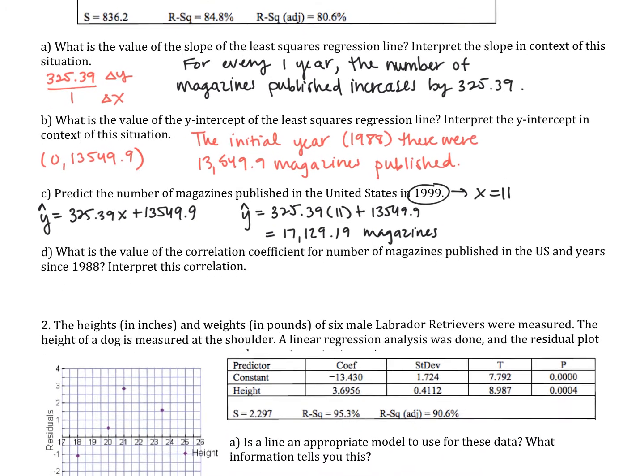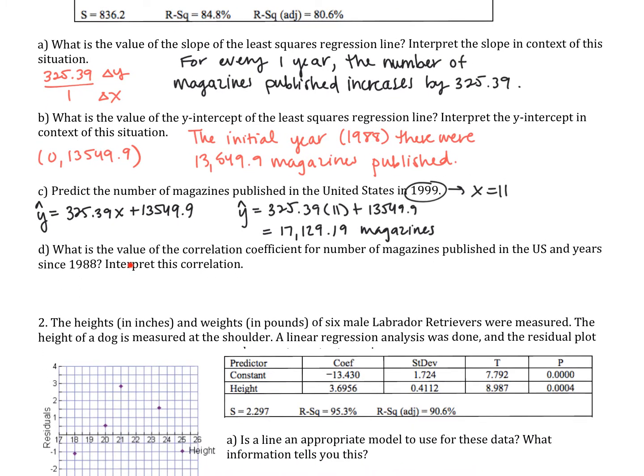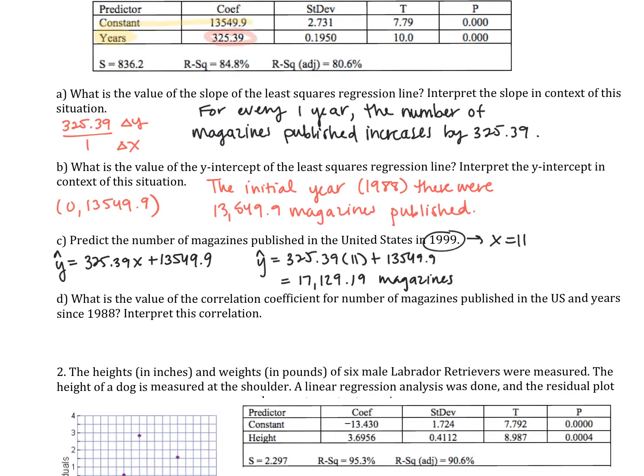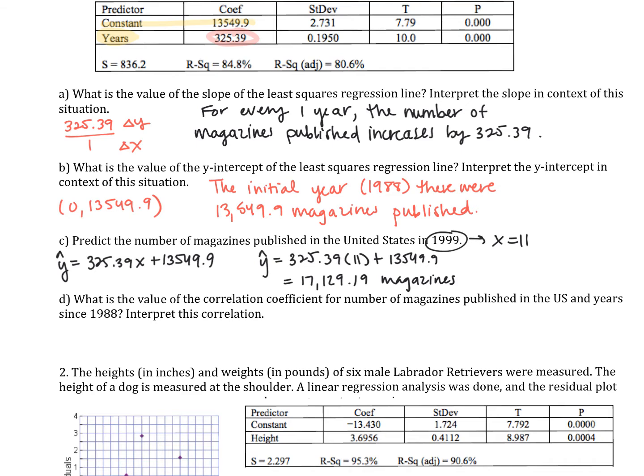Okay, D. What is the value of the correlation coefficient for number of magazines published in the U.S. and years since 1988? Interpret this correlation. Okay, so remember up here in the Minitab, we are given the r-squared value. It's right here. But the correlation coefficient is r. R-squared is the coefficient of determination. So r-squared is equal to 0.848.